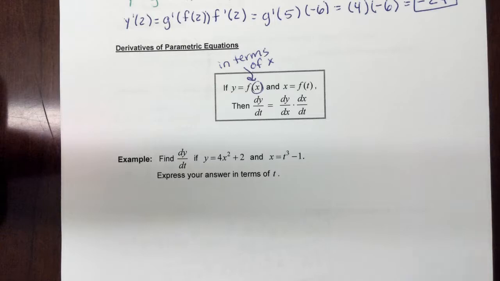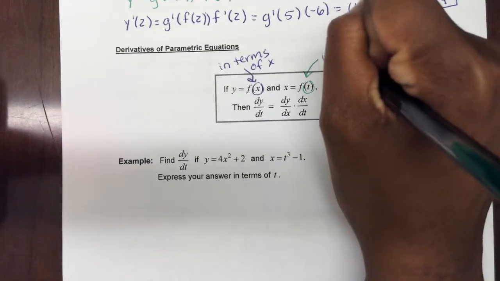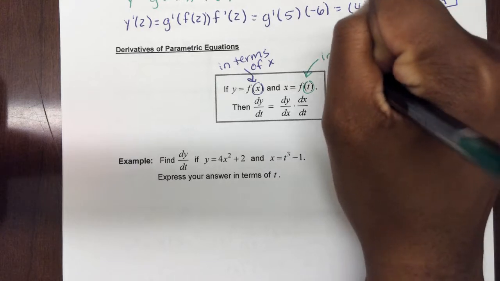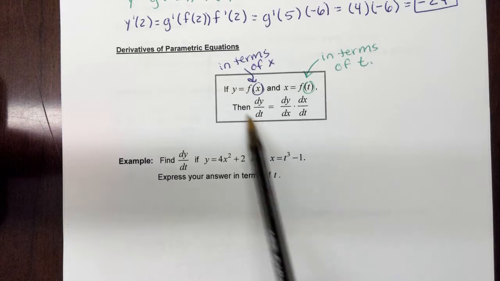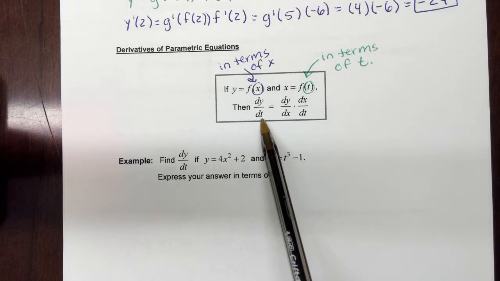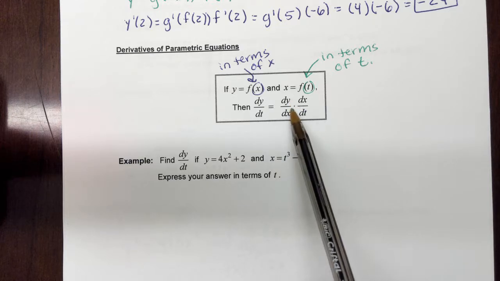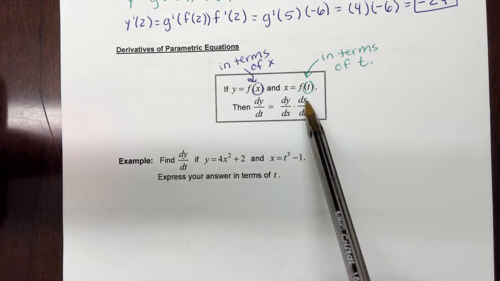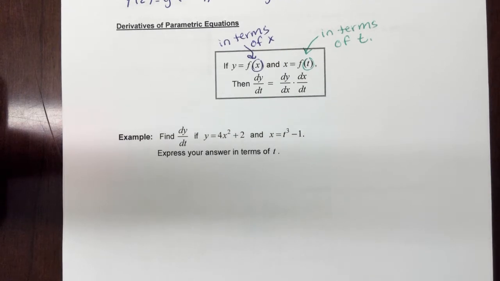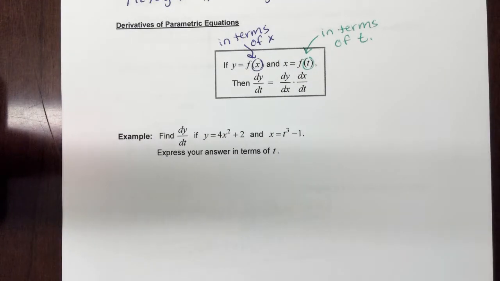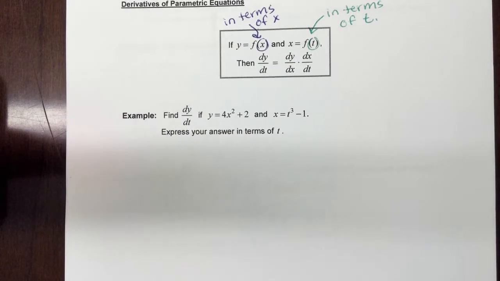And if x is equal to f of t, so this is in terms of t, then the derivative of y in terms of t is equal to the derivative of y in terms of x times the derivative of x in terms of t. So we're going to do an example together to help us understand a little bit more of what that means.